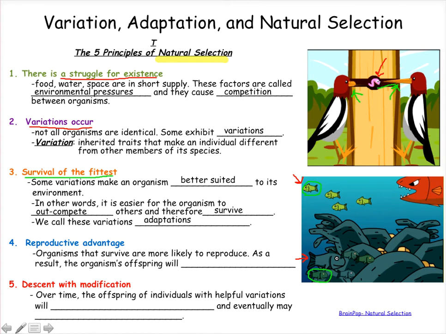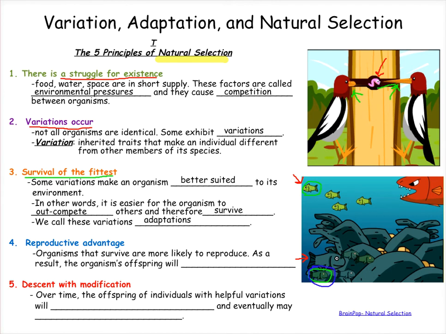So the long beak is adaptive, while the short beak is not. The same thing is true down here. Both of the fish colors are variations, but the only one that is adaptive is this one here, because this one allows the fish to camouflage into the reef and therefore be more likely to avoid the predators.